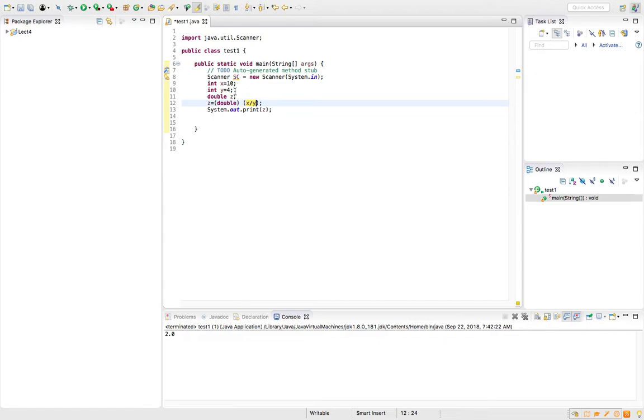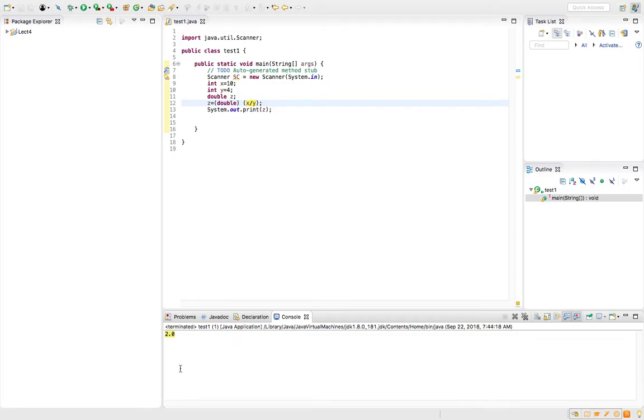So 10 will be divided by 4 as both integers, and the result will be 2, and the fraction part again will be ignored. The double cast here was applied to the whole result after the calculation, which will not add anything to our problem. So if we run that, we will get only 2.